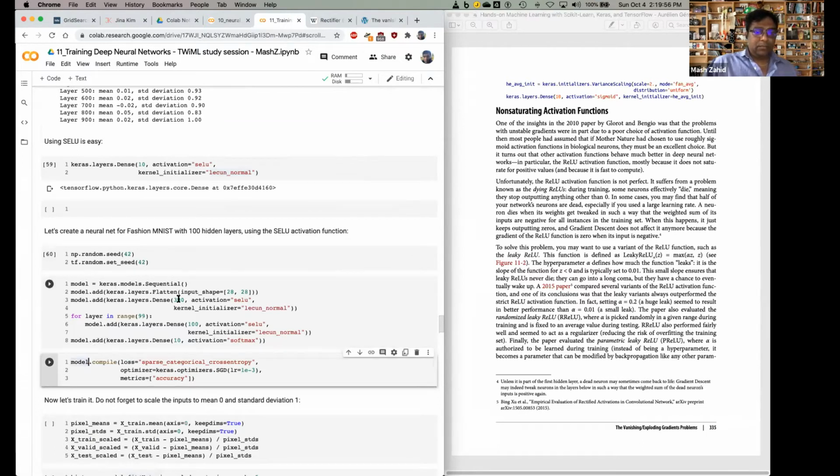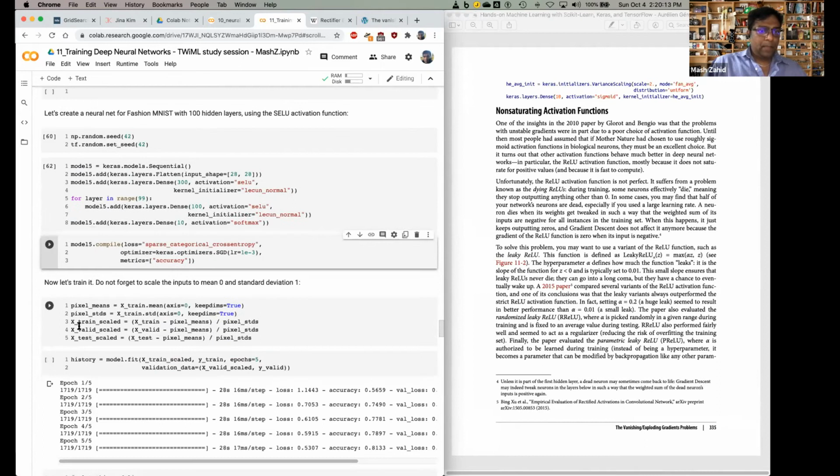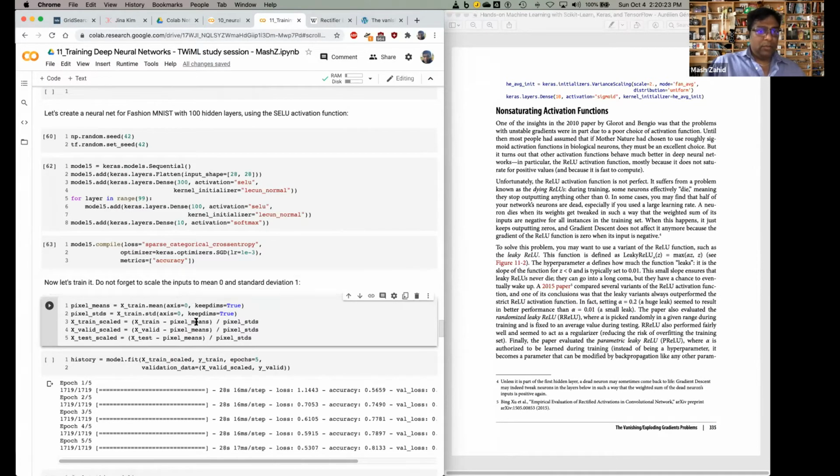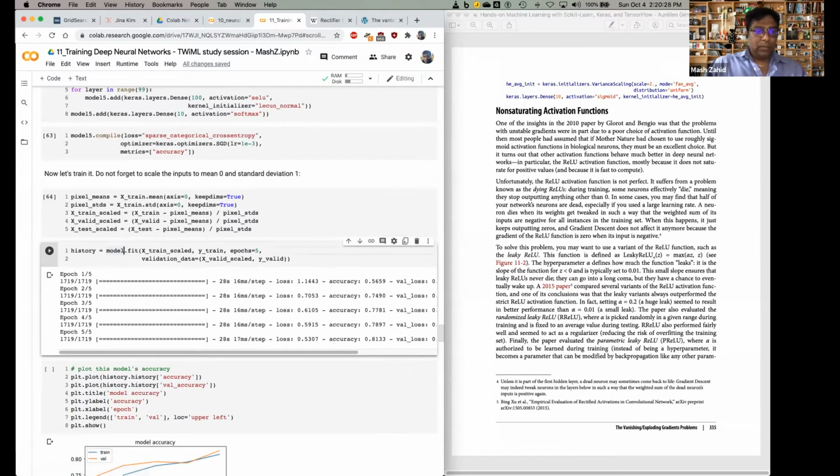We're going to call this model 5, and we'll take the same standards, normalize and standardize the data set, but only run it for 5 epochs.